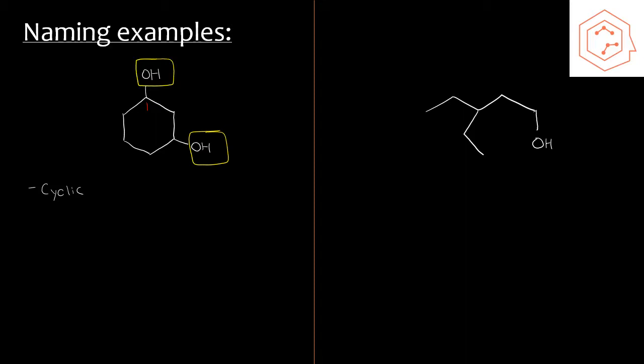And you're going to want to number it in the direction so that the next substituent, the next OH, is going to be bonded to the lowest possible carbon. So if we number it clockwise, we see here that there is one OH bonded to carbon 1 and another OH bonded to carbon 3.